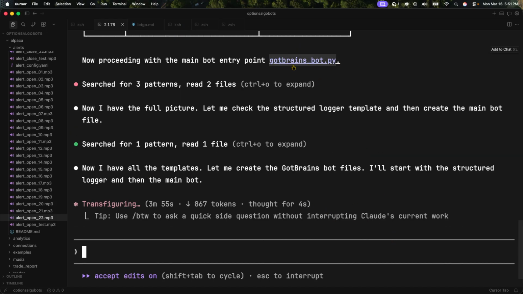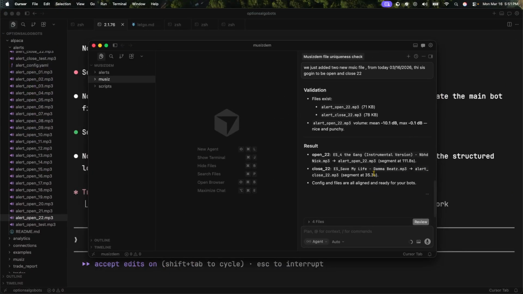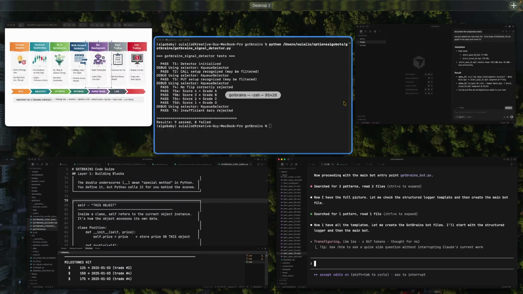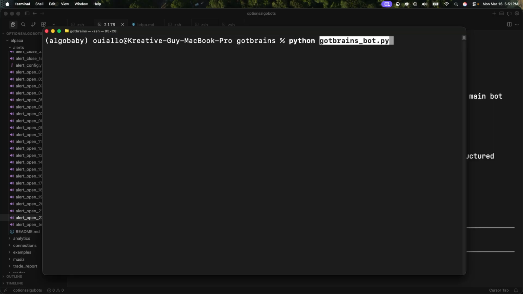All right, GotBrains Bot. Bet. I appreciate it, because sometimes it can be a little thick. Save my life. I just want to make sure it's right. Thank you. Now I'm going to come back here and clear, Python, drop that.